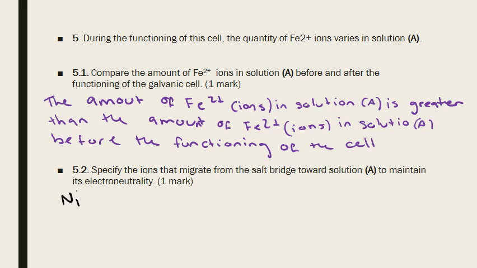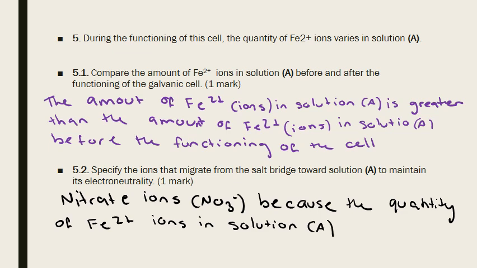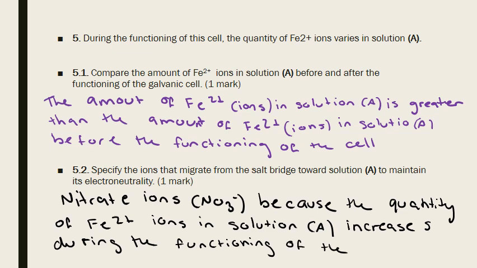So it's going to be the nitrate ions, so the NO3-, because, it says specify, so we have to justify, because the quantity of Fe2+ ions in solution A increases during the functioning of the cell.